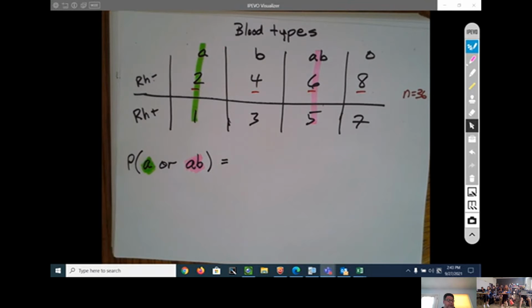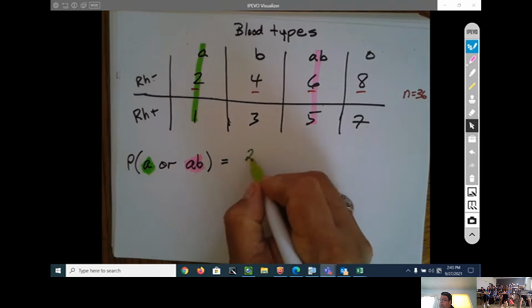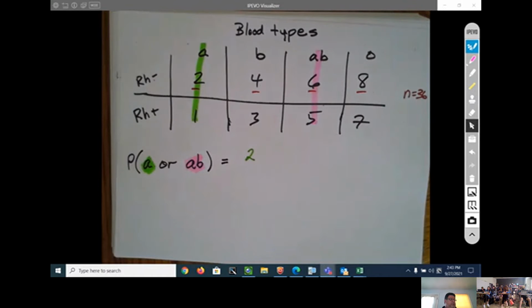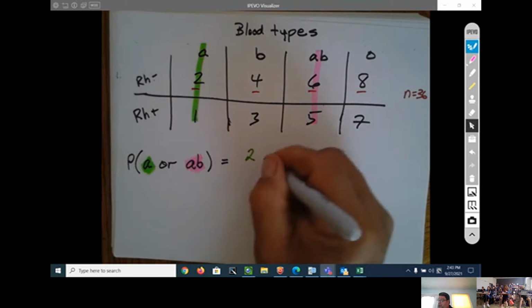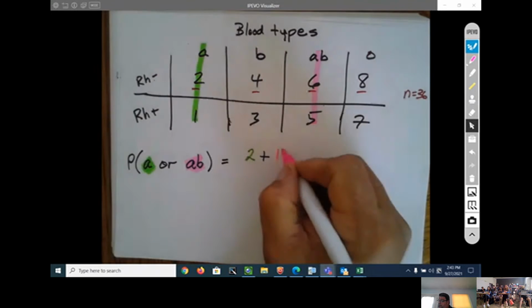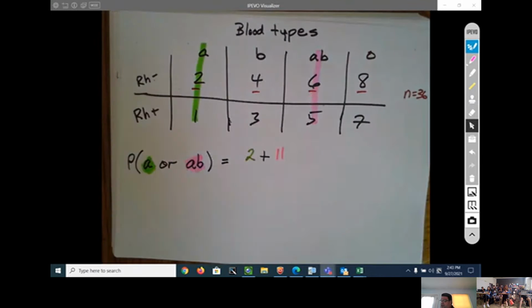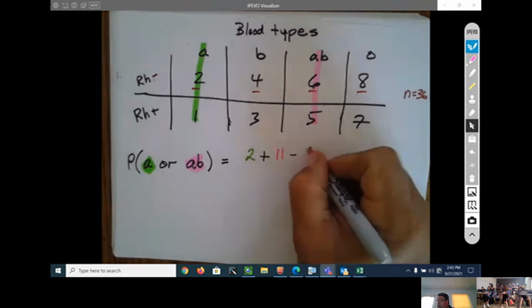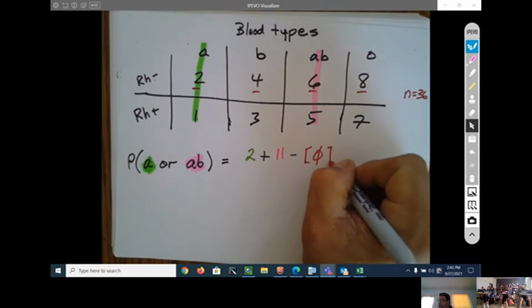Well, I'll just go ahead and do it. So I got 2 plus, because we're using the additive law, 11 minus the overlap. Can somebody tell me what the overlap is? Is there an overlap? No, so you put a 0 there.